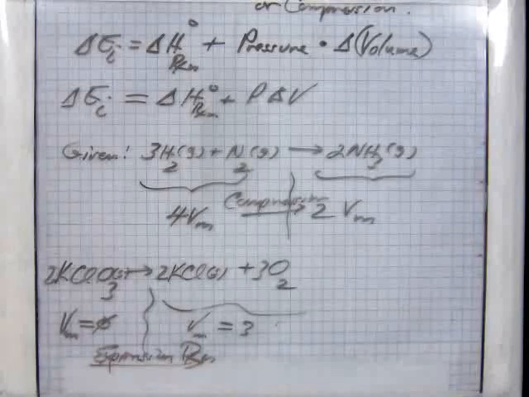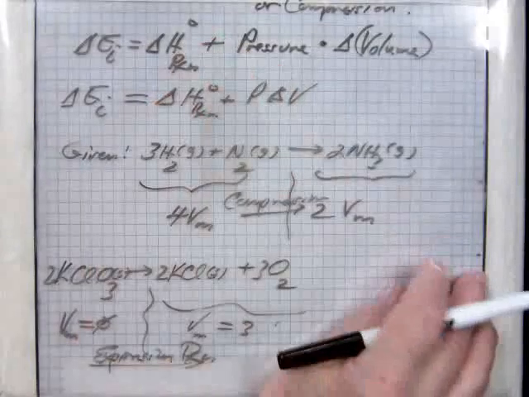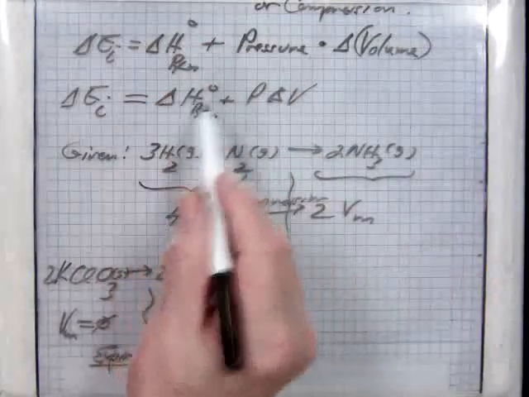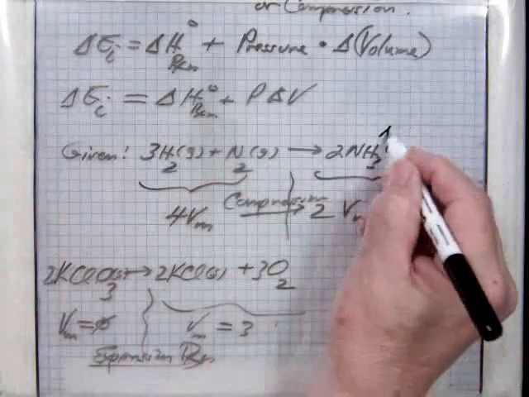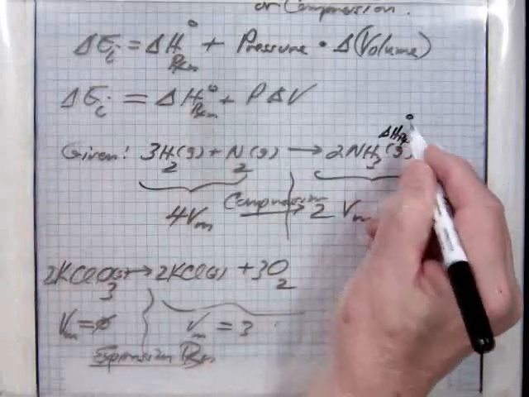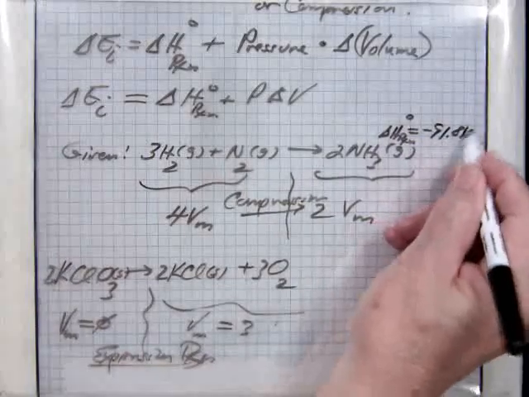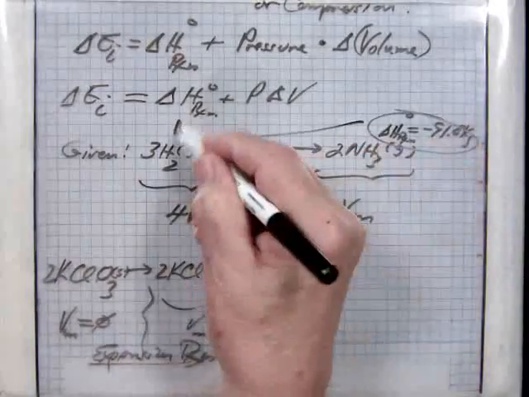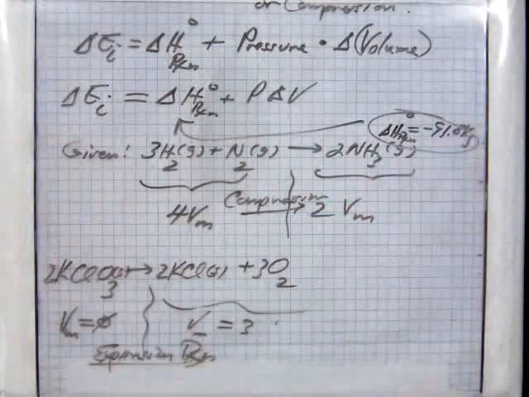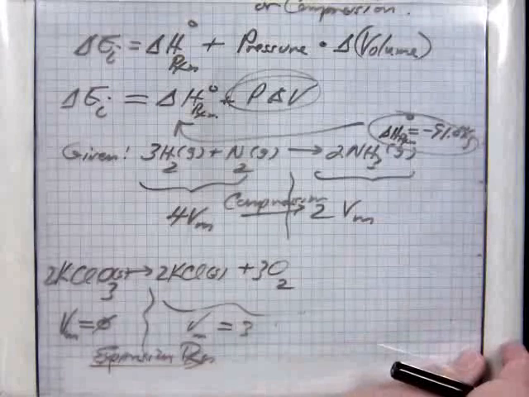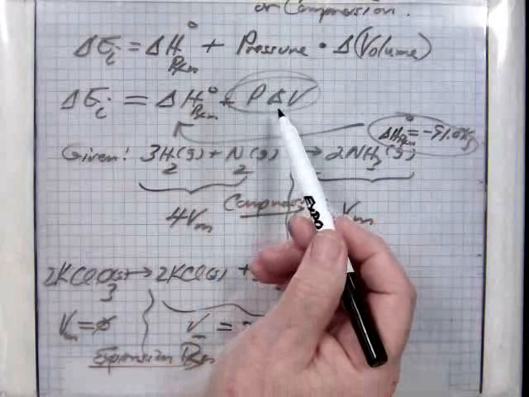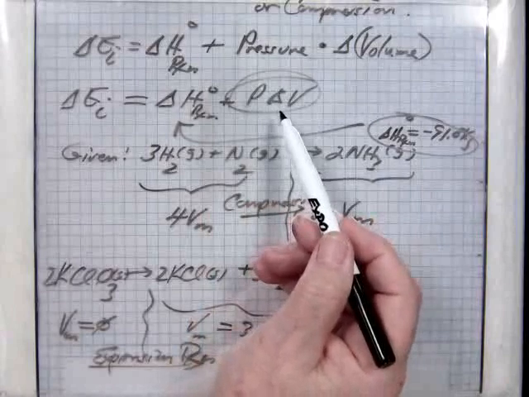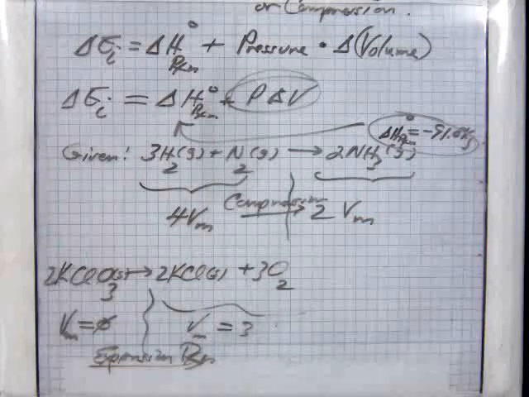Now, how does this apply to this equation up here? Well, here's your delta H. That's Hess's law and all that stuff, so you just calculate that. Here is delta H. We've seen this one, minus 91.8 kilojoules. So you plug that 91.8 right there. But how do you get a number for this right here? Well, I've worked out standard pressure, 1 atmosphere, against what we call changes in volume that lead to energy numbers.